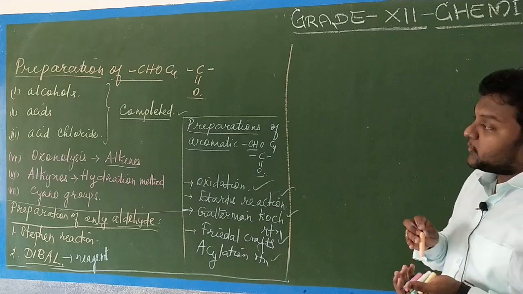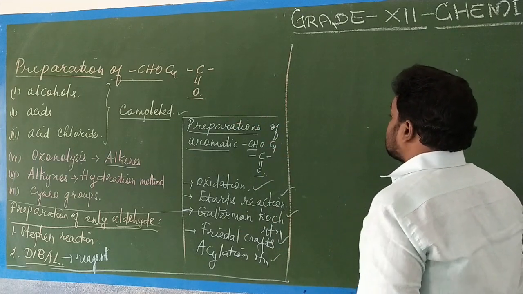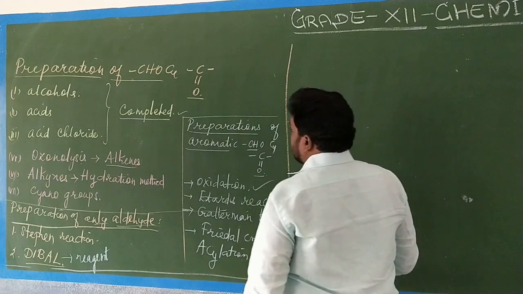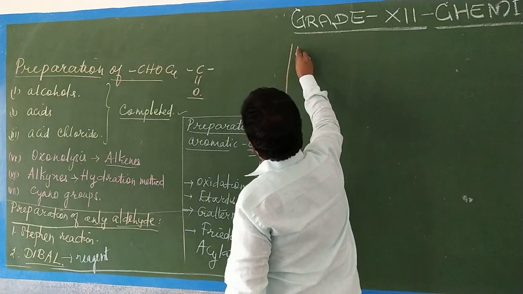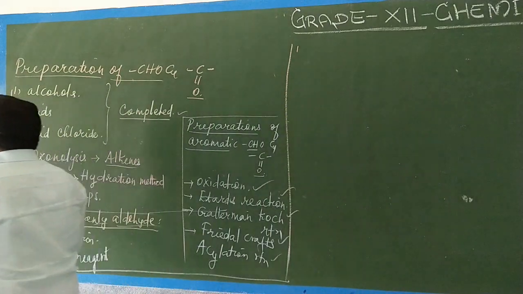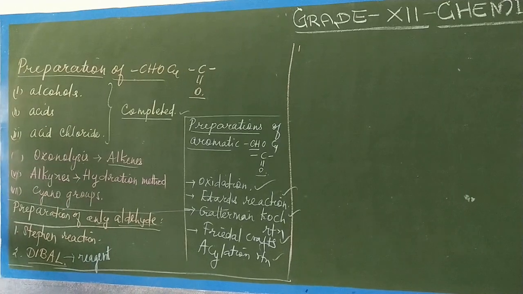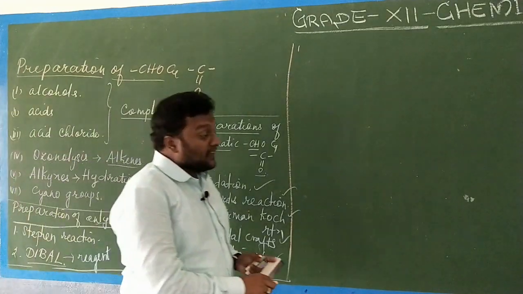Okay, now we will start with the fourth reaction, which is from alkenes. The reaction is called the ozonolysis reaction. I have changed the numbering: reaction number 4 is ozonolysis, reaction number 5 is alkynes, and reaction number 6 is by using the cyano groups.